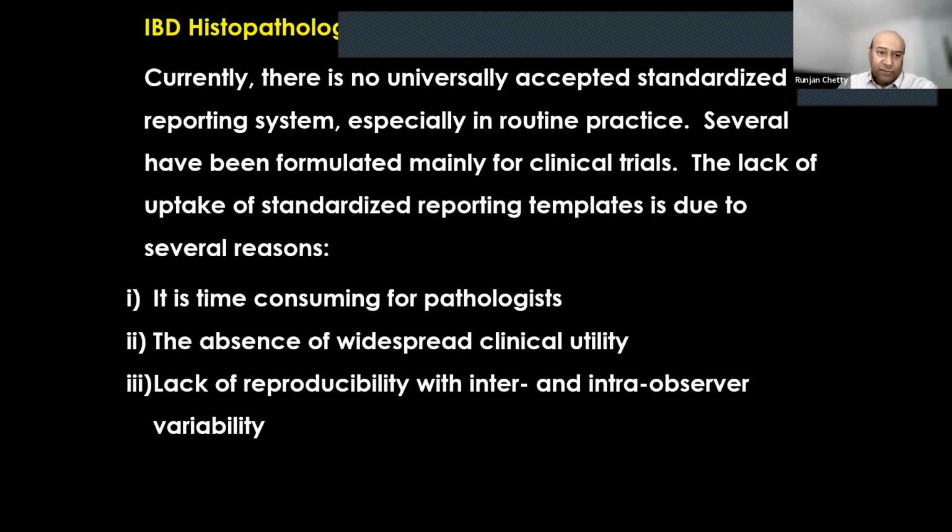As I've alluded to already, the absence of widespread clinical utility means these scoring systems are not widely accepted.